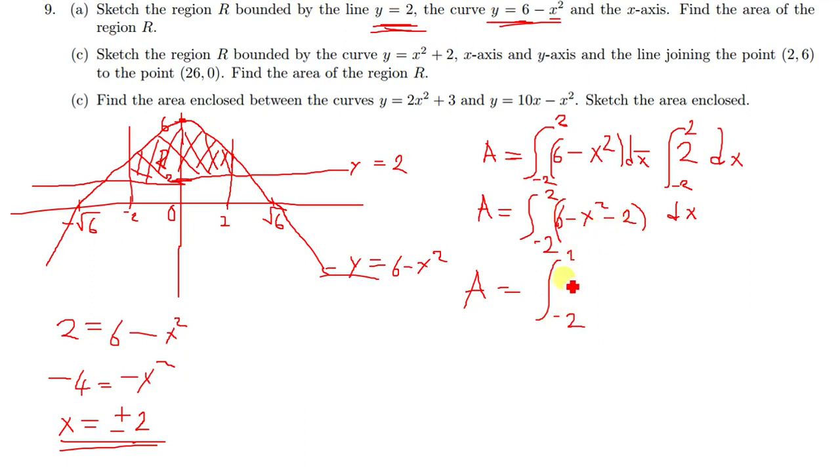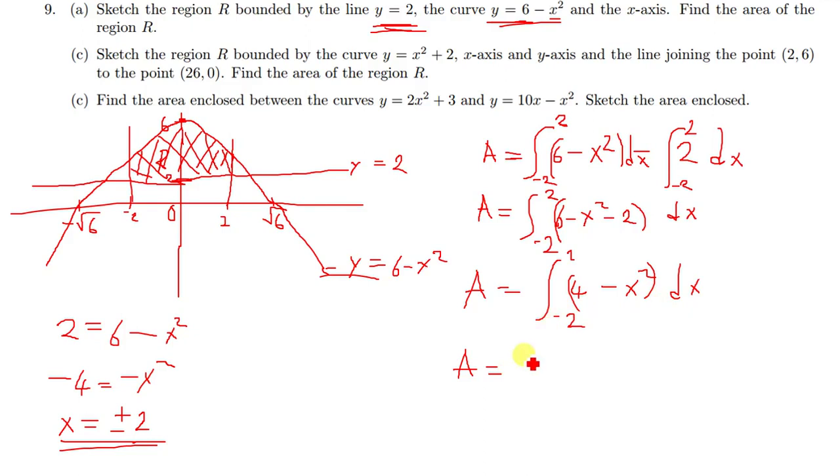So 6 minus 2 there, you get 4. So 4 minus x squared dx. This is what we're going to integrate to find the area. So the area will be equal to the integral of 4 minus x squared.